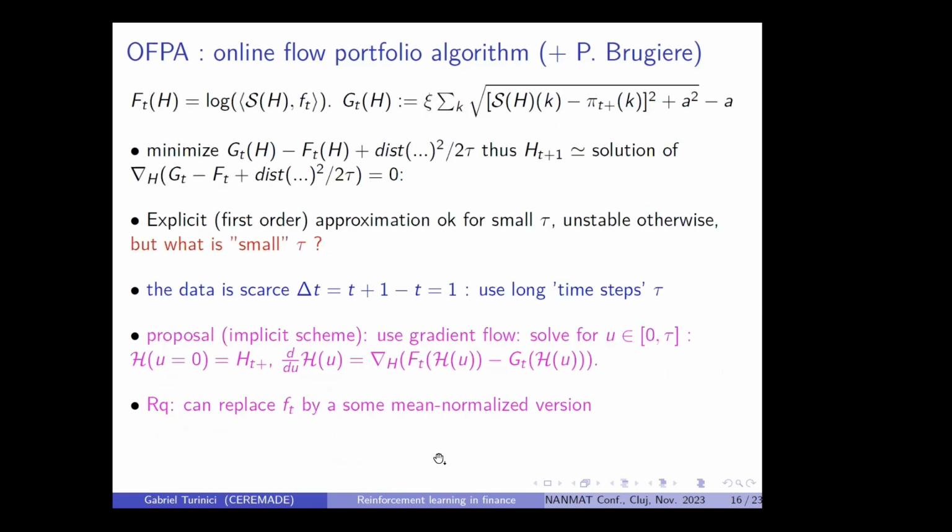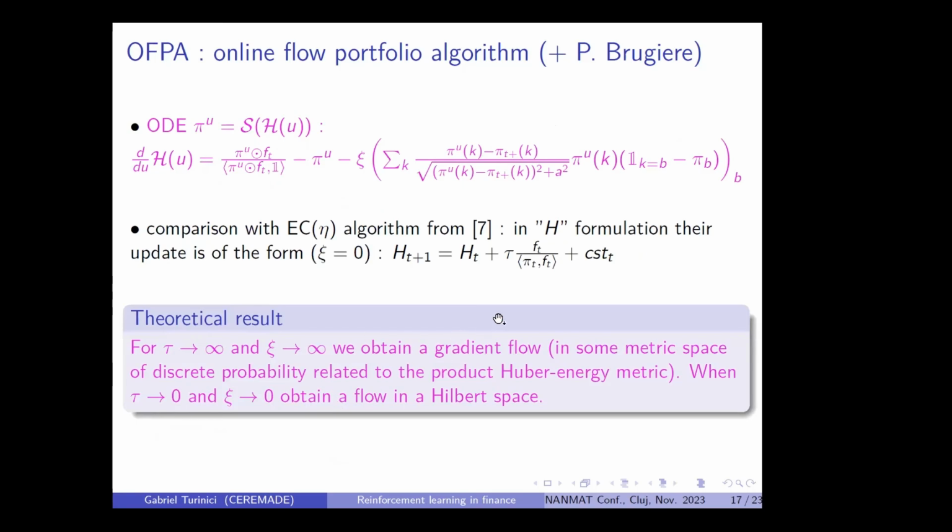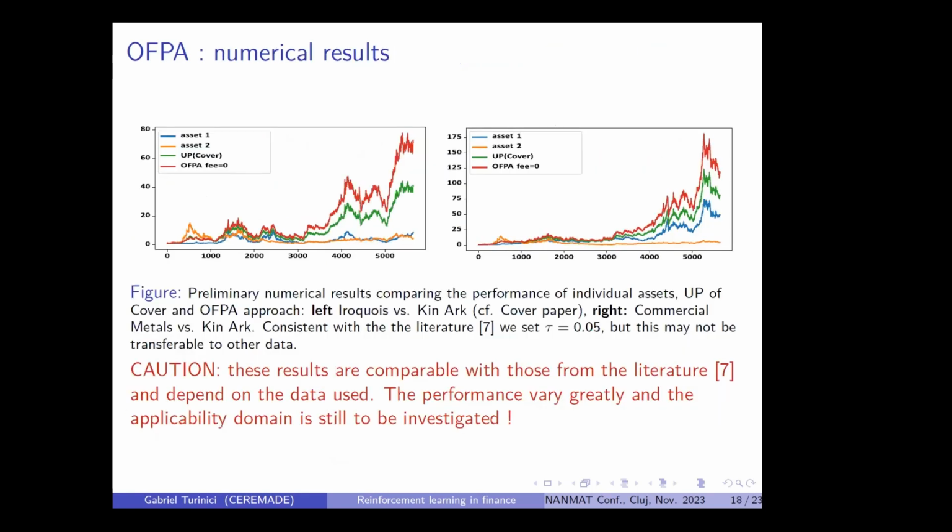In this case, you obtain a gradient flow, but in some metric space related to the Huber energy metric. When on the other side Xi is 0 or very close to 0, you obtain this kind of flow, but with f of t changing as piecewise constant. I am coming to numerical results to close the presentation.